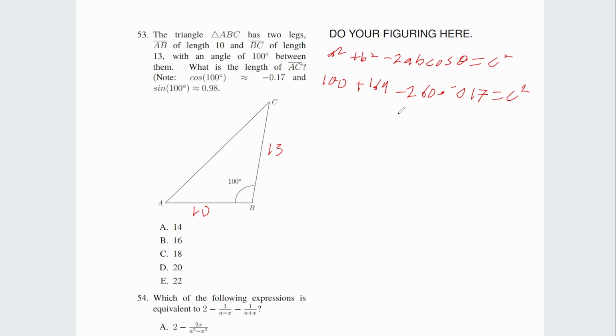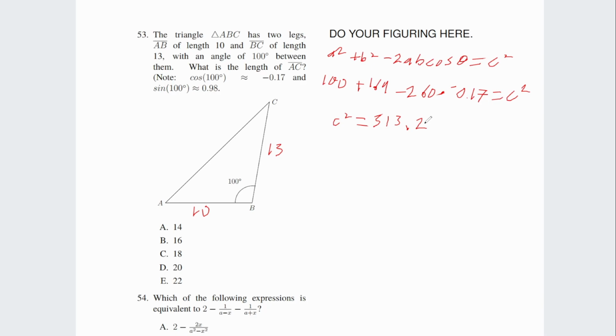So if we plug all this into our calculator, which is what I recommend that we all do, we have 100 plus 169 minus 260 times negative 0.17 is c squared. In other words, c squared equals 313.2, very roughly.